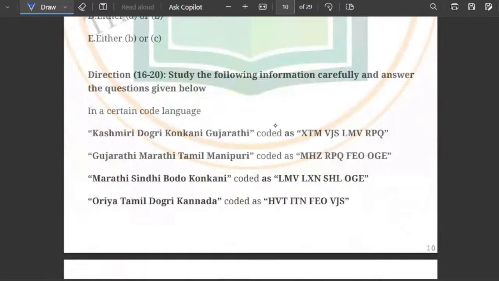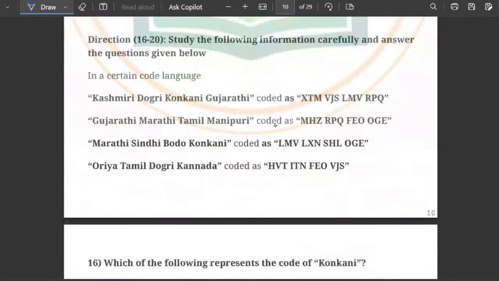Now, okay, we have again 4, 1, 2, 3, and 4. Kashmiri, Dogri, Konkani, and Gujarati. XTM, VJS, LMV, and RPQ. Now, how to find out?